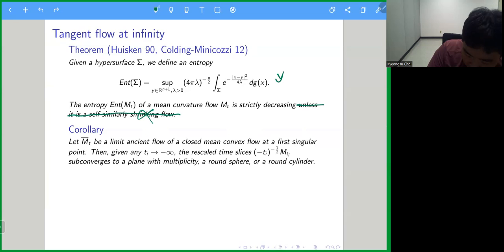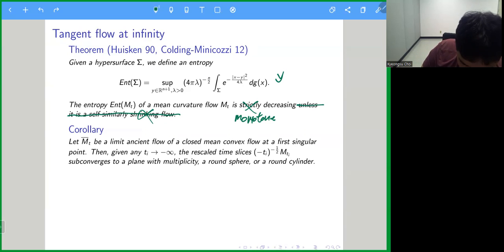My bad. And it is just monotone. Okay, sorry, that is perfect. But anyhow, we can somehow use the self-similarity for the constant Huisken monotonicity for a fixed center.